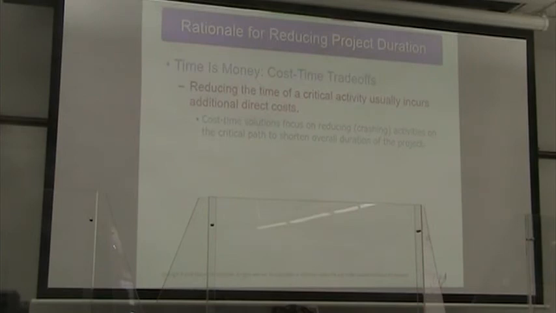So for our cost time solutions, we're looking at reducing, or crashing, they call it, the activities on the critical path so we can shorten the overall duration of the project. We're not going to be worried about shortening the duration of things that are off the critical path, because it's pointless. We've already got slack there, right? It's always the critical path we have to attack.